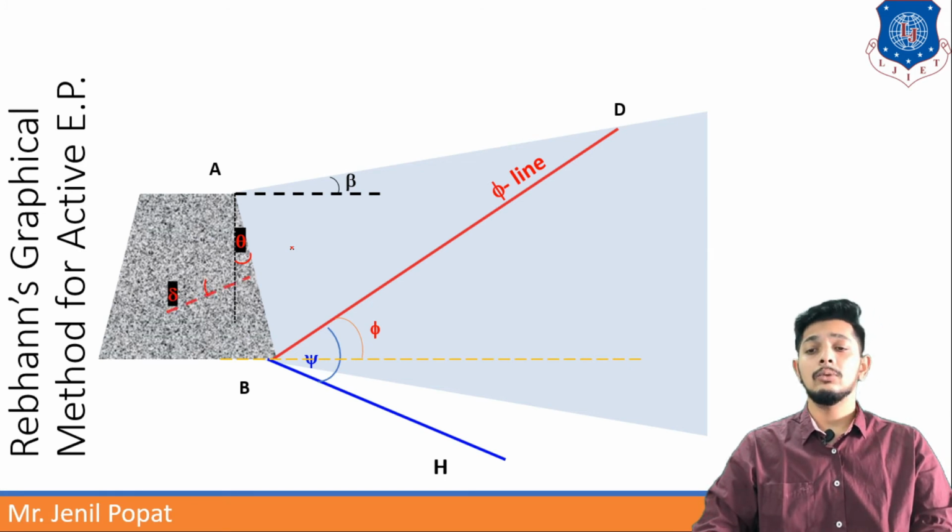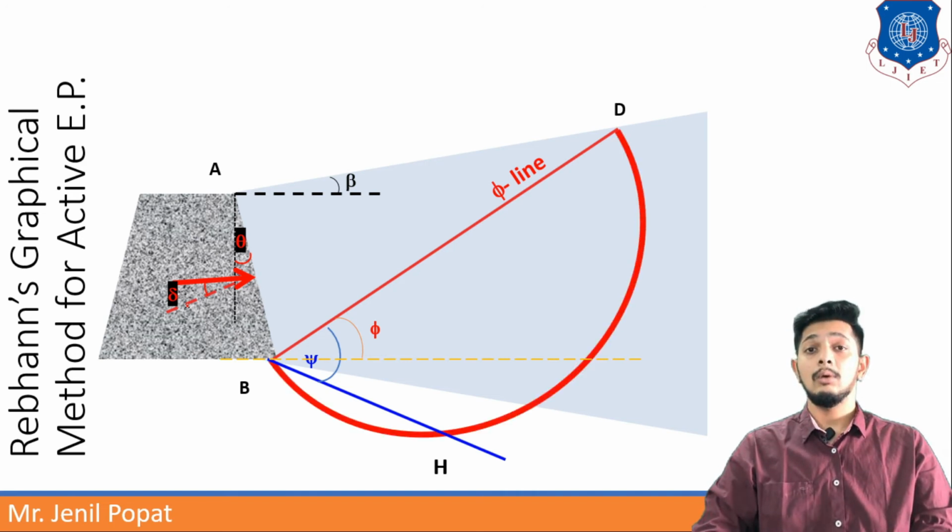Then we have to understand where active earth pressure will be acting. So we have to assume some point. At this point active earth pressure will be acting, and it must have an angle delta as shown. Now take BD as diameter of the circle and draw a semicircle like this.